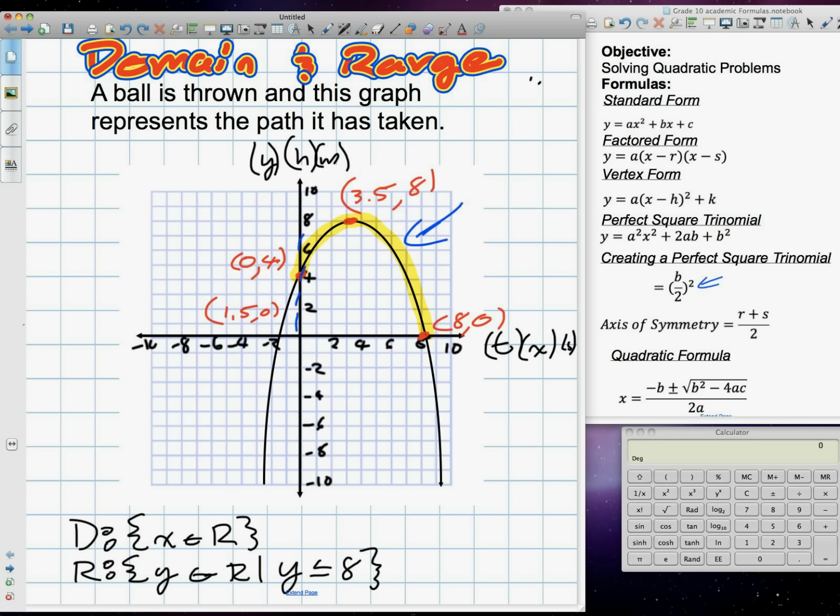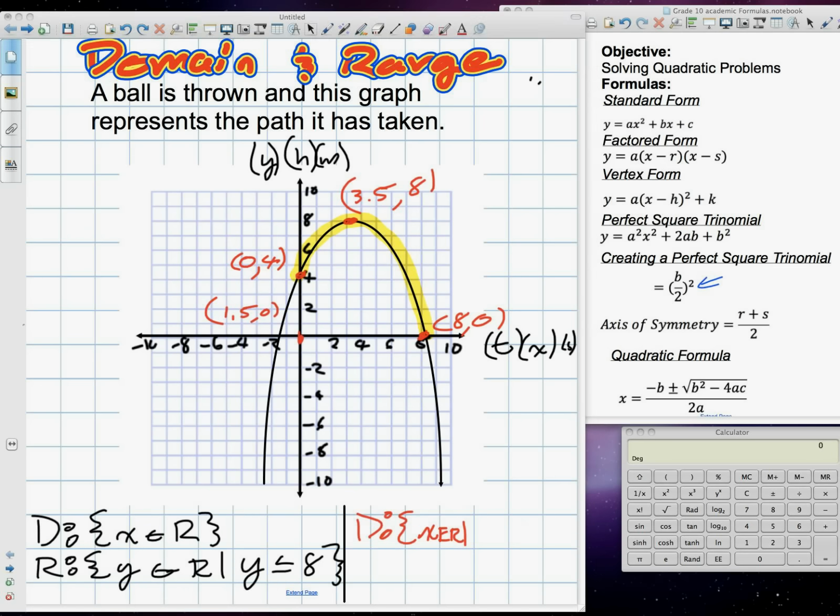So if I'm talking about the domain and range of the flight of the ball, I'm talking about the domain and range only of our highlighted part here. So that changes things a little. Our domain, we'll do this in red. Our domain is going to exist between what 2 points then? Yeah, so where it was released was at 0, and when does it hit the ground?